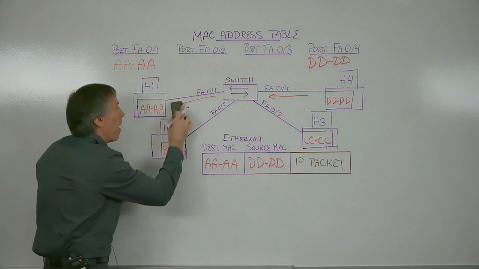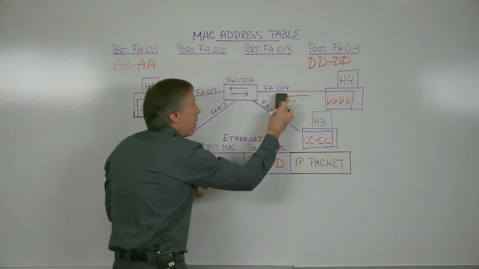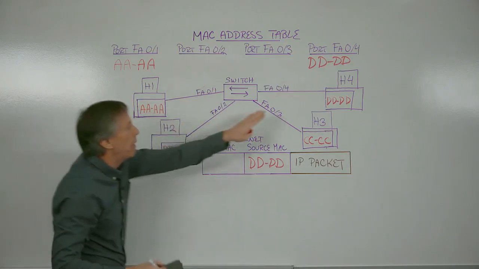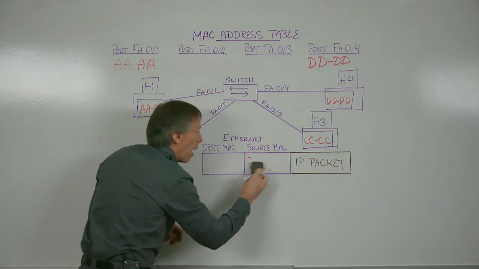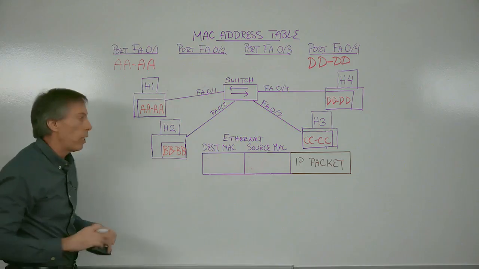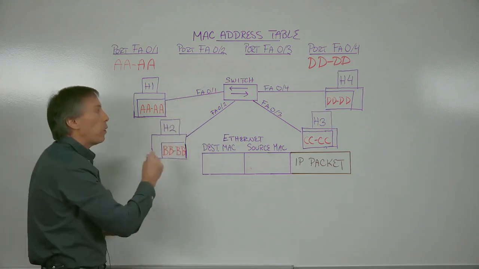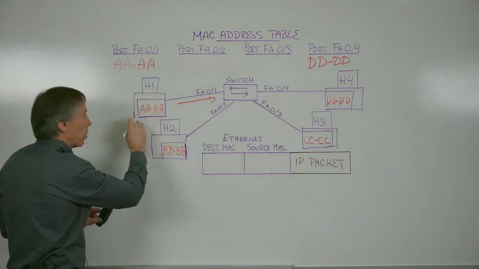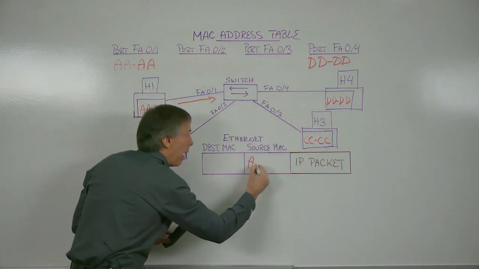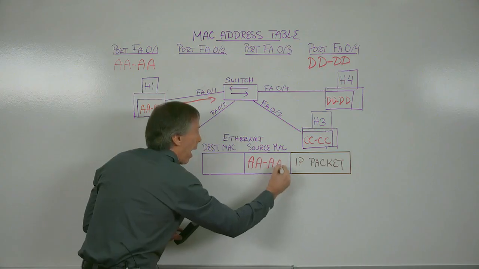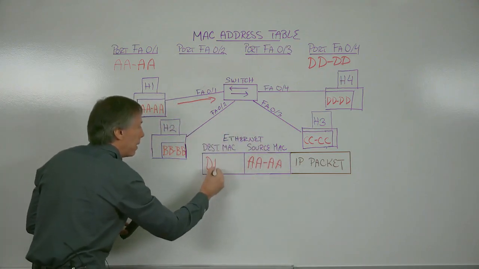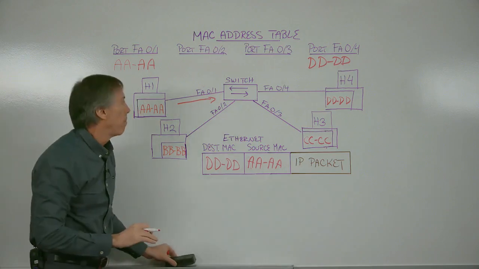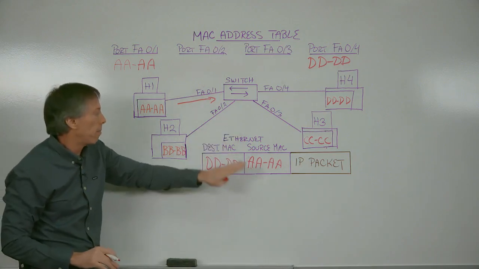Let's take a final look here at another frame going from H1 to H4 and see how things have changed now. If H1 has another frame to send back to H4, the source MAC address is AAAA, the destination MAC address is DDDD. And let's take a look at the difference from the first time this happened.